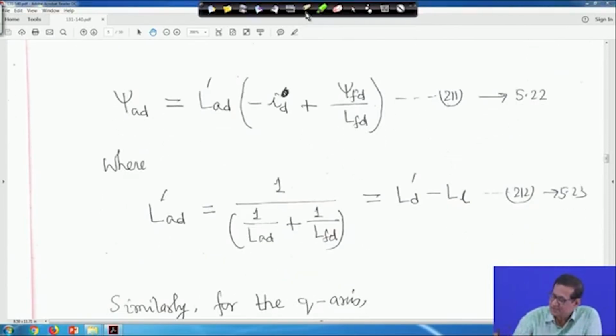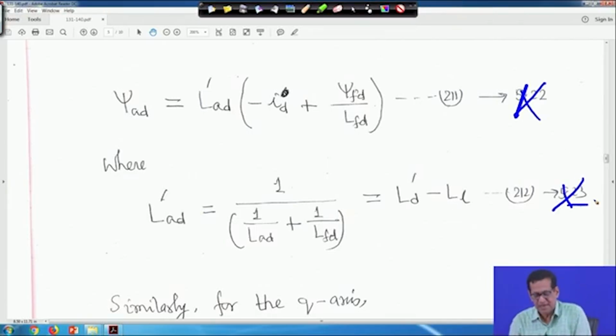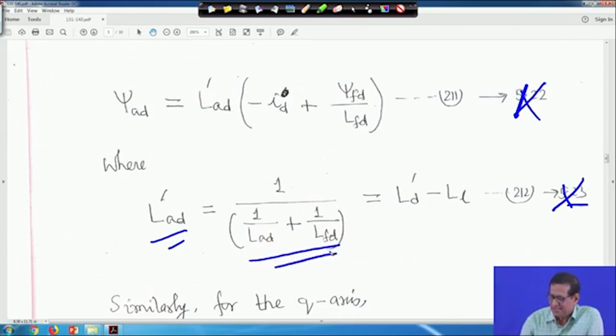Where you put it and simplify, you will get LAD dash, you can write 1 upon LAD plus 1 upon LFD, and this is nothing but your LD dash minus your LL, this is equation 212.